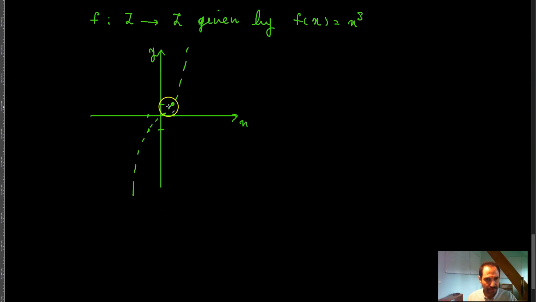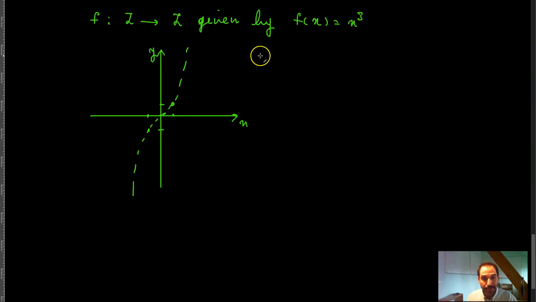But there is no number, for example, between 0 and 1. There is no number between 1 and 2. There is no number between 0 and negative 1. No number between negative 1 and negative 2, and so on and so forth. So that's basically the situation that we are working with.